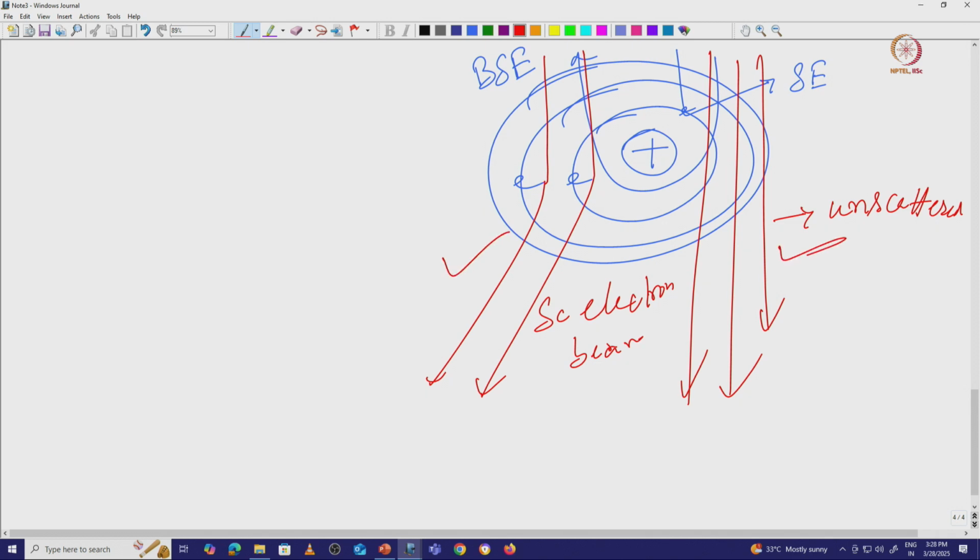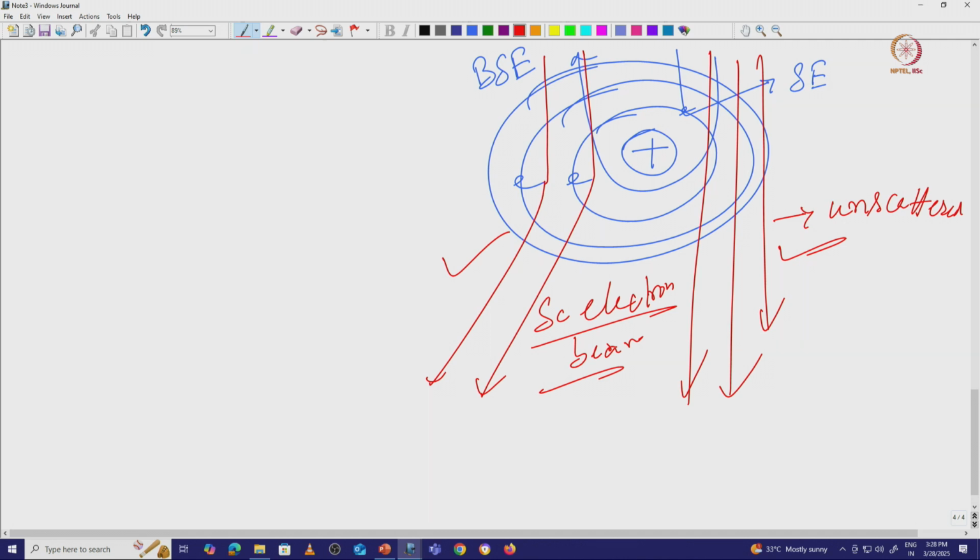Now when you have a heavy atom, we can get more scattered electrons, and that is good for our signal. We will get a very good image and the contrast will be much better. But when our atoms are very light and there is scattering, this scattered electron beam is very nominal, so that will give a very low contrast.